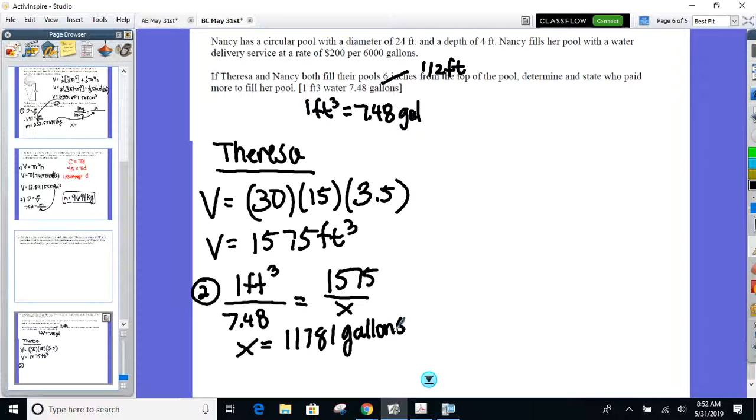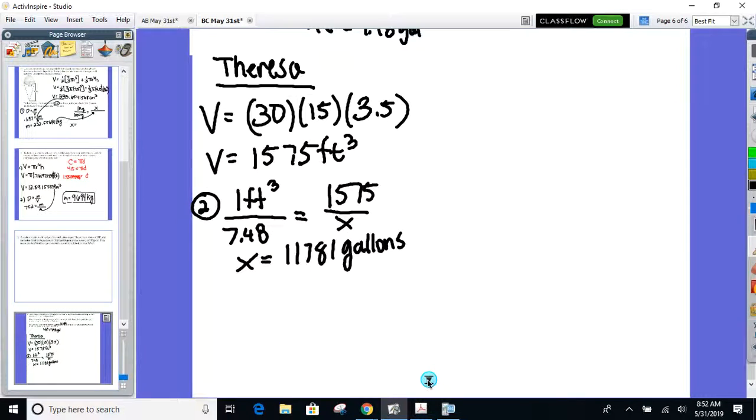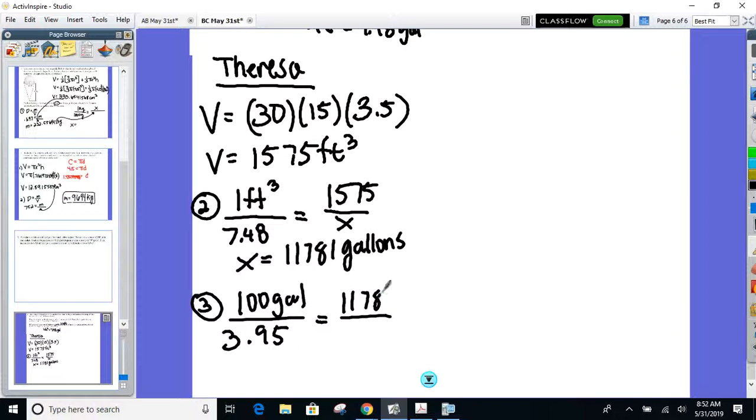Still can be solved by setting up another proportion. From the problem, every 100 gallons, you're going to charge me $3.95. Make sure the units go across from each other. So I'm going to put my 11,781 across from the 100. How much are you going to charge me?